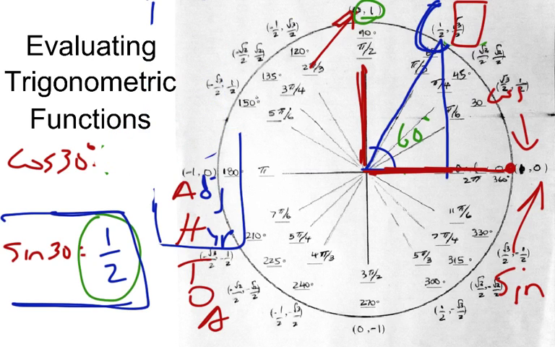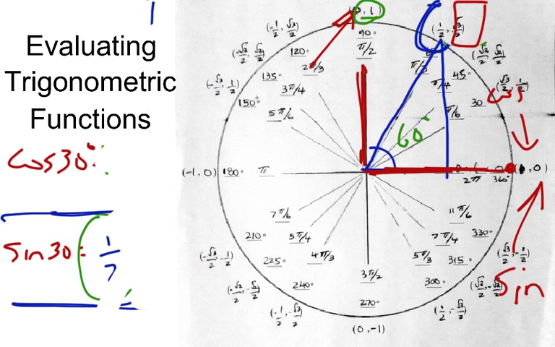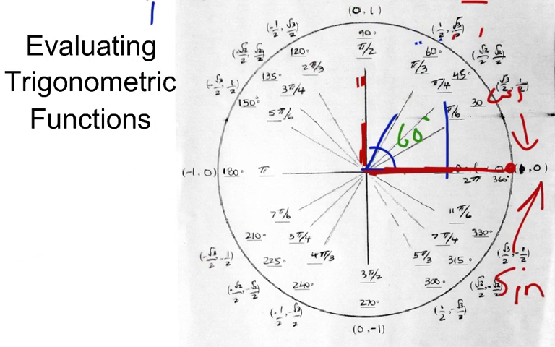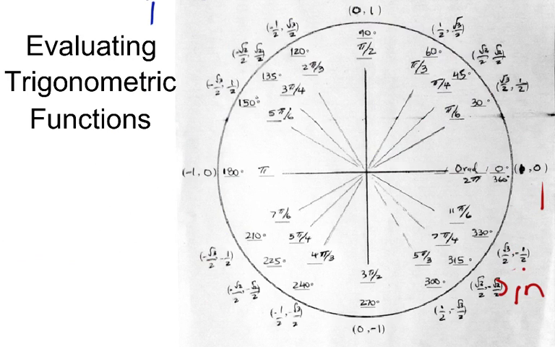Let's do a bigger one now, on the other side. Let's say I want to do cosine of 135, for example. So basically I'm done with the triangles. I don't need to do the triangles anymore because I already proved all these coordinates, every single one of them. So now, where's my angle 135?